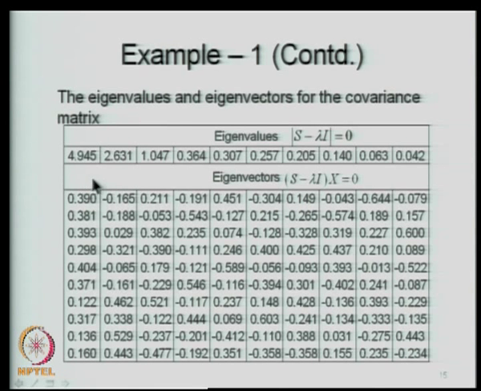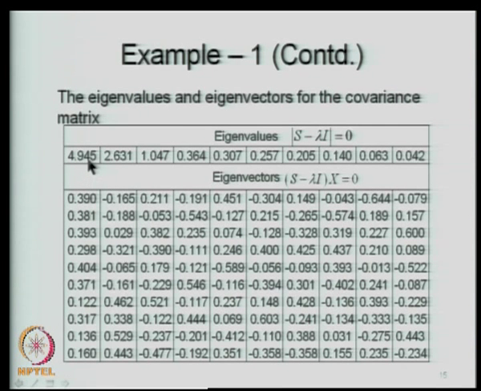This is principal component number 1, which is eigenvector number 1, principal component number 2, number 3 and so on. There are 10 such values here. Now, we will see how much percentage of variance is explained by the first eigenvector, the second, the third and so on. To do that, we look at the associated eigenvalues.